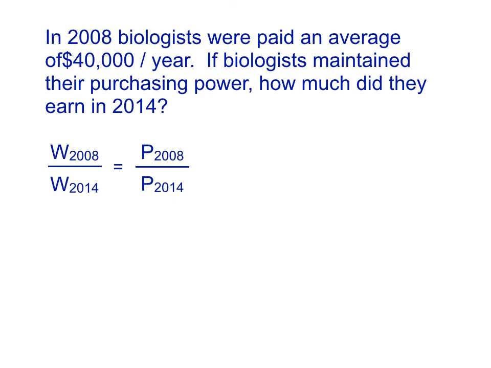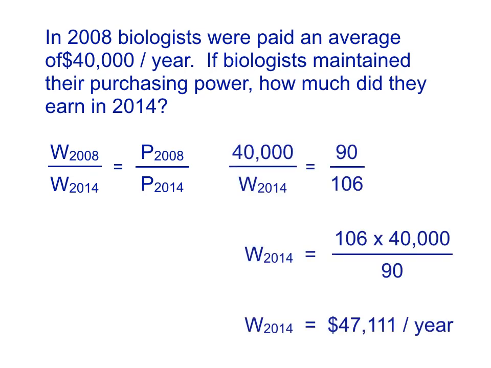Well, here's one way to look at it. We've got the wage in 2008 divided by the wage in 2014 is equal to the price level in 2008 divided by the price level in 2014. Now, this can be converted, and I actually like this third piece of information here, that my wage in 2014 is going to be based on the percentage increase in prices between these two time periods.